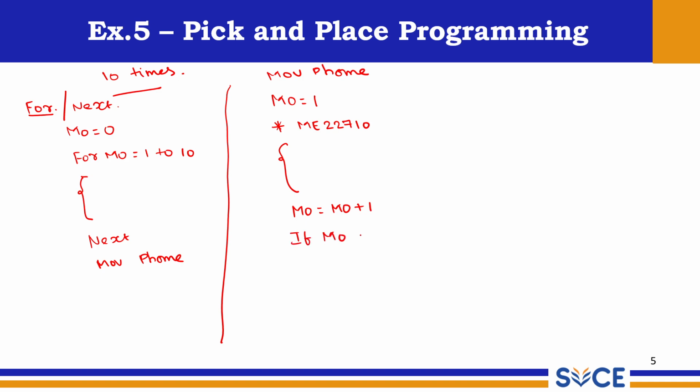If M0 is greater than or equal to 10, then, see, last time I didn't tell, you can even use Then GoTo, even if you are not using it, no harm in it. Then asterisk, it will be the end label. So last will be move P home. Okay, so this is how we can add a looping program to the pick and place program.